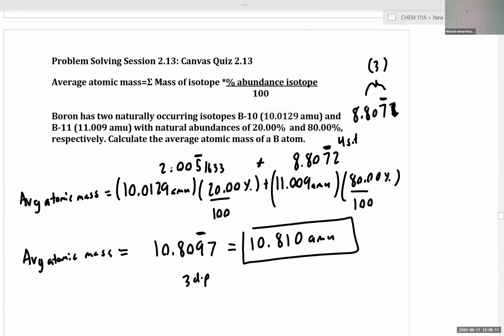Perfect. Okay, cool. Let me just re-enter this into the calculator really quickly. 2.00258. Yep. Perfect. And we'd retain 4 sig figs, which would result in 3 decimal places.